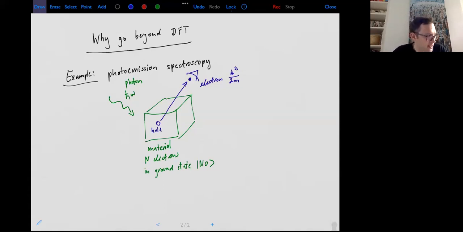That is how this experiment works in a very simplistic way. How can we now learn from the things that we can control or measure something about the material itself? That is why we do photoemission spectroscopy. We want to learn something about the properties and the electronic structure of the material that we're probing.